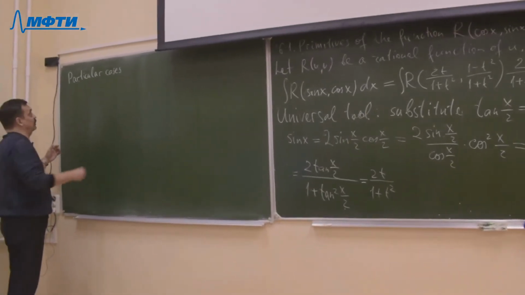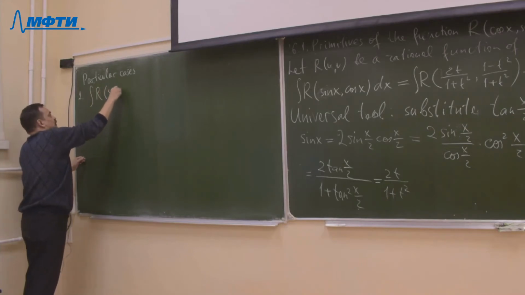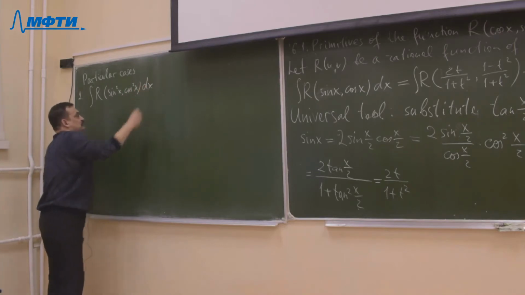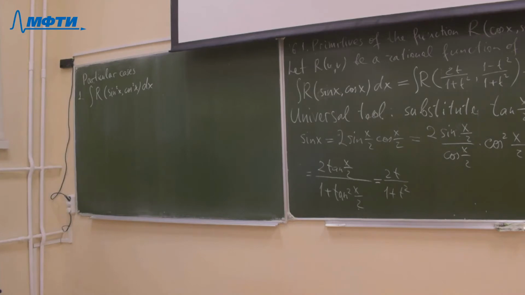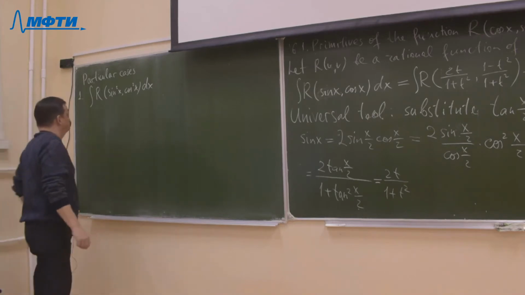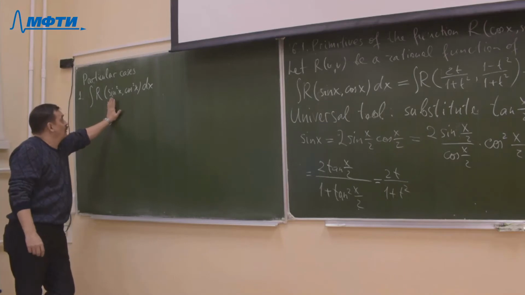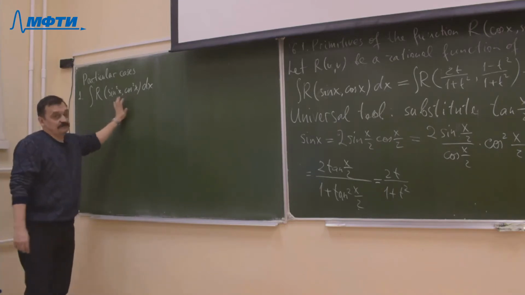So particular cases. First, the integral of R of sine squared x, cosine squared x dx. This happens when we have some kind of evenness, right?